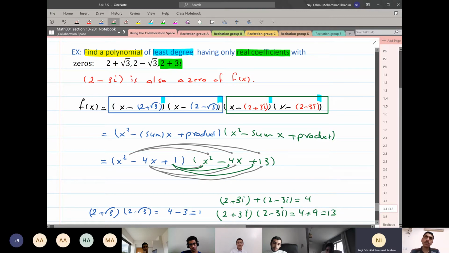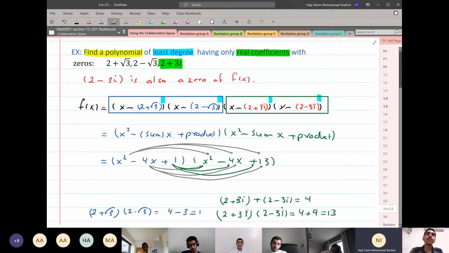Ali Saba. Yes, does this rule work with 2 plus root 3 also? Yes, it works with any types of roots. No, I think the conjugate. The conjugates work with the complex and with the irrational.